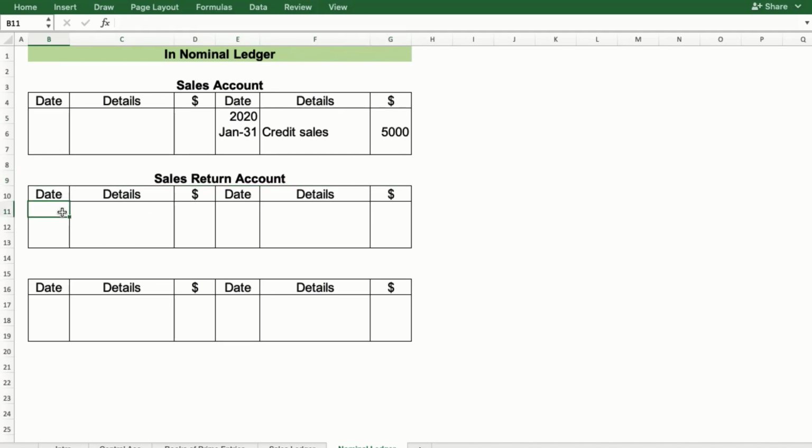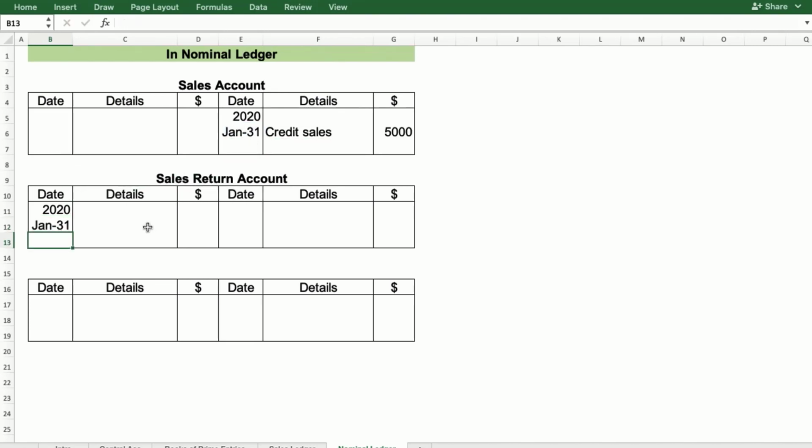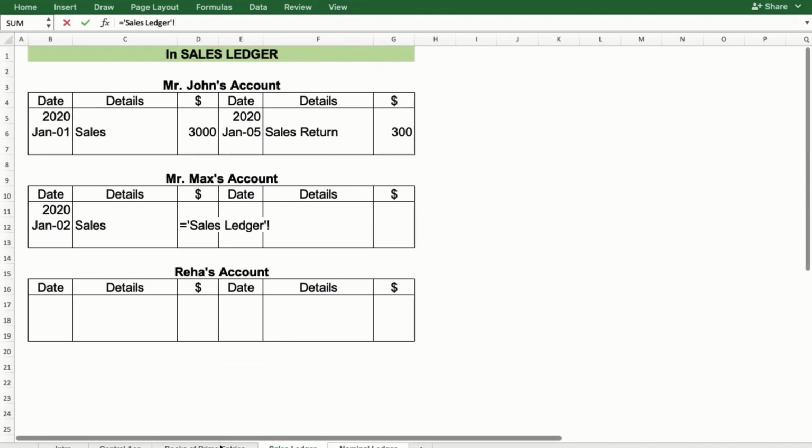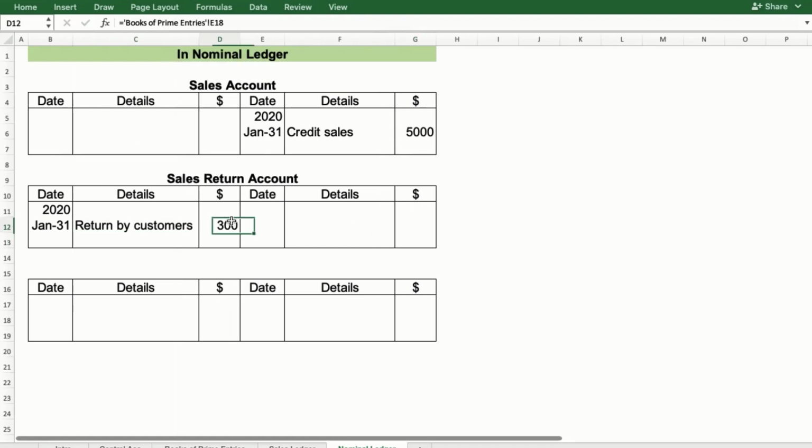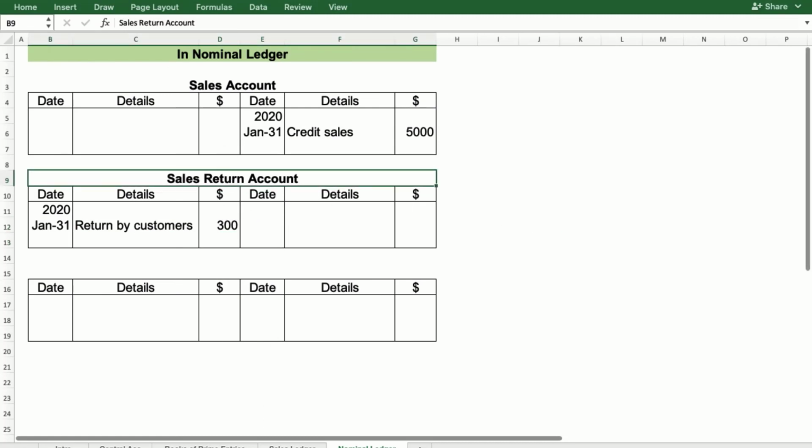On the debit side of this account, I will make the posting, and posting will be done on the last day of the month, Jan 31st. The total of the sale return book is $300. So I will write that total here, and here I will write return by customers, $300. So the posting is done in the sales return account.